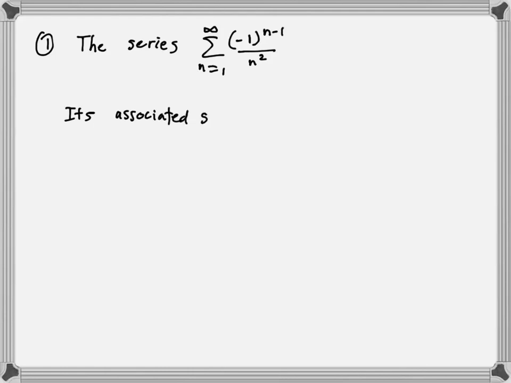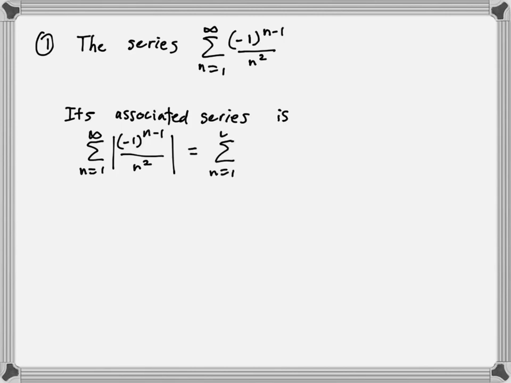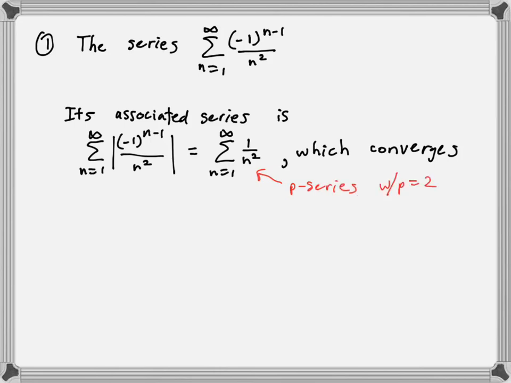What is the absolute value of it? So if we were to look at the absolute value of the series, that just kills off the -1 terms, and so it ends up becoming this series. And this guy converges, doesn't it? How do we know? Because this is a p-series with p equal to 2, which is greater than 1.